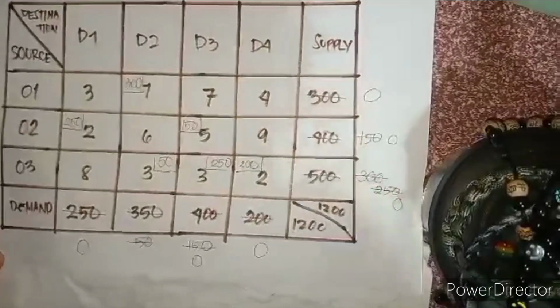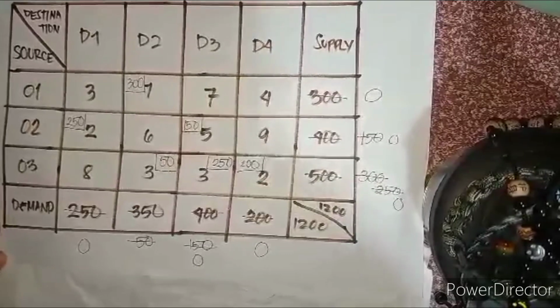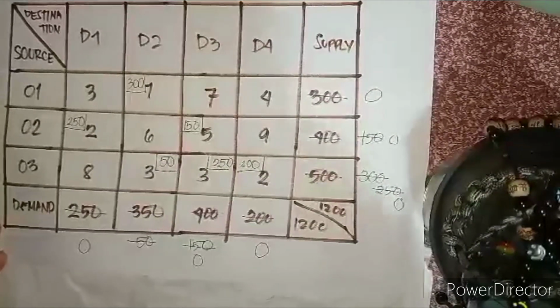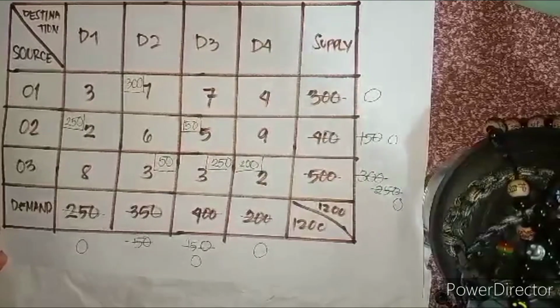Now, just multiply the cost of each cell with its allocated value and add all of them to get the basic solution.